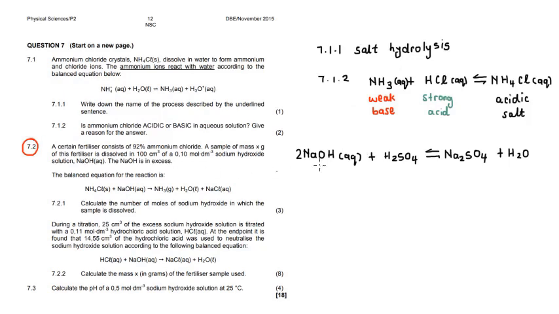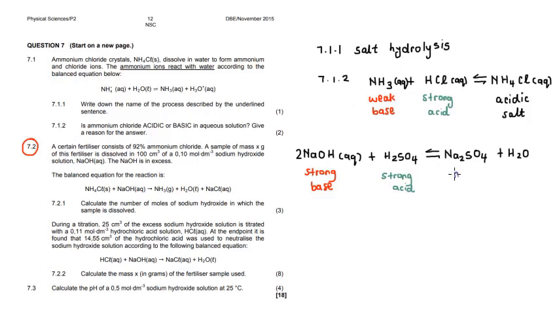So we see, okay, sodium hydroxide in this case is a strong base, and sulfuric acid is also a strong acid. So now because you have a strong acid and a strong base, it means that this salt is actually a neutral salt. Because when these two react completely, the pH of the solution ends up being exactly 7.